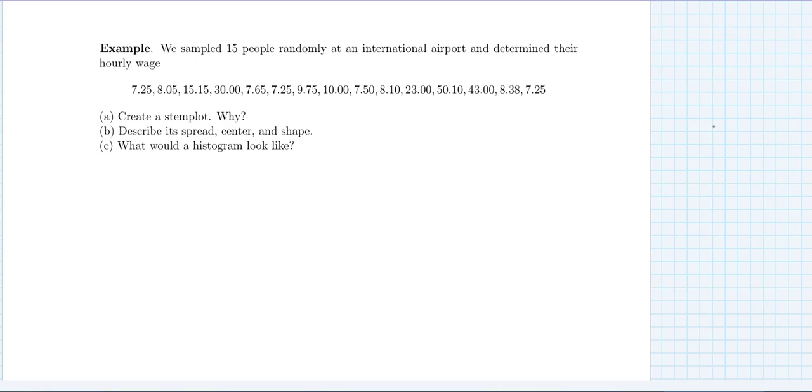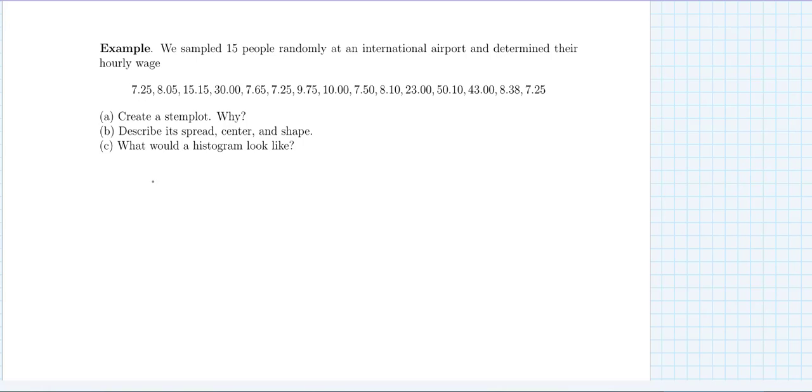And also, let's assume that we asked them in the same dollar amount, so let's assume that we asked them how much they made in US dollars per hour, and we have 15 data points, okay, $7.25 an hour, $8.05 an hour, $15.15 an hour, etc. I tried not to go below, I guess, customer service minimum wage in North Carolina, and the rest of the values I sort of made up.